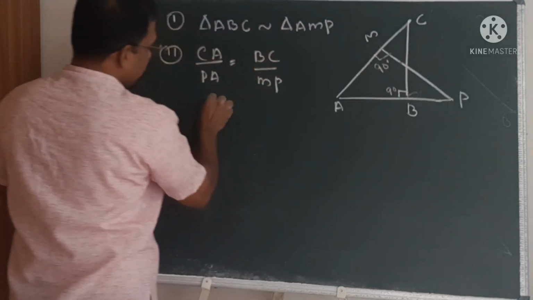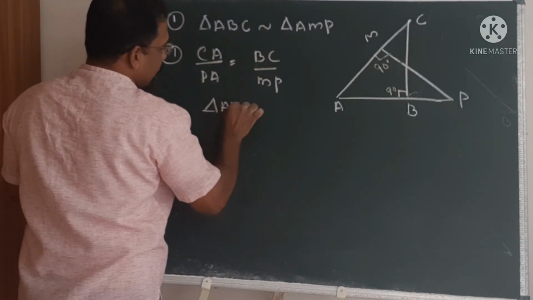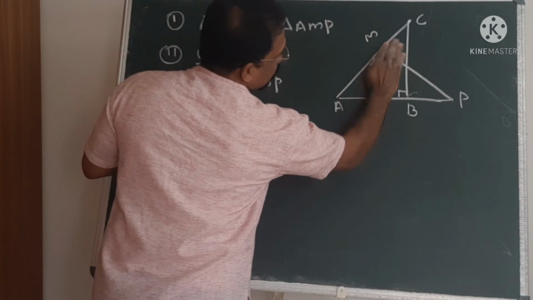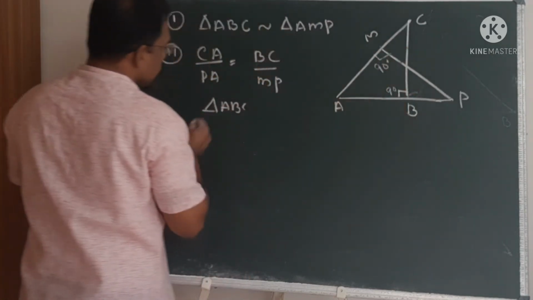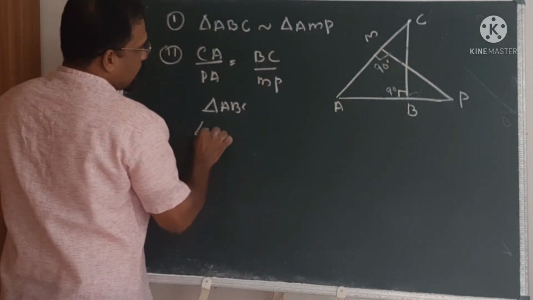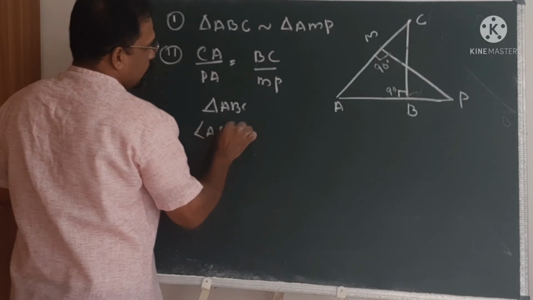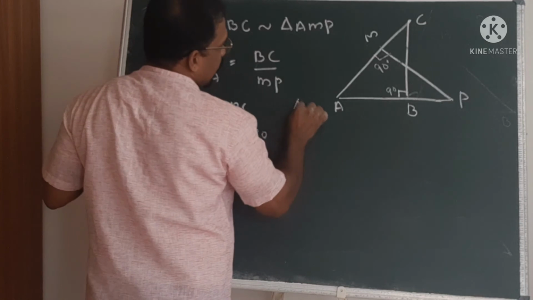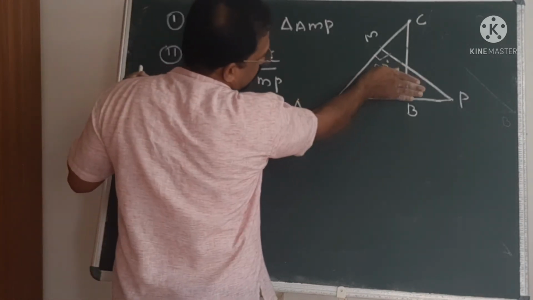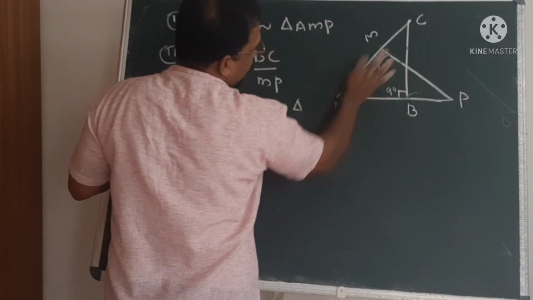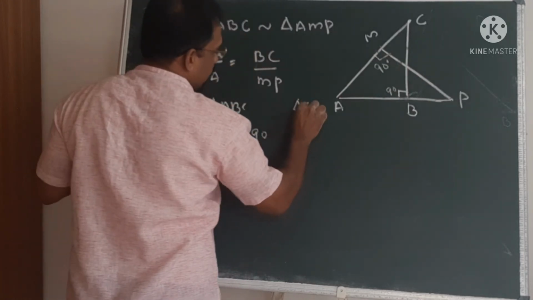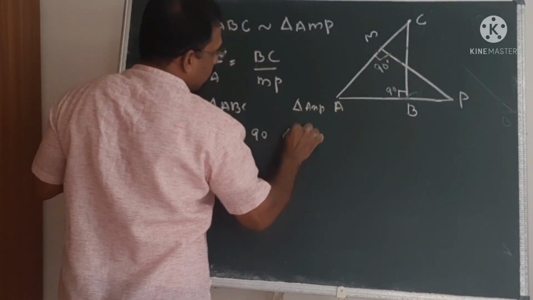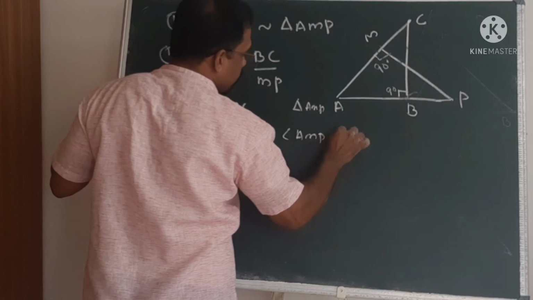In triangle ABC, this is 90 degrees, so angle ABC is 90, and in triangle AMP, angle AMP is 90 degrees.